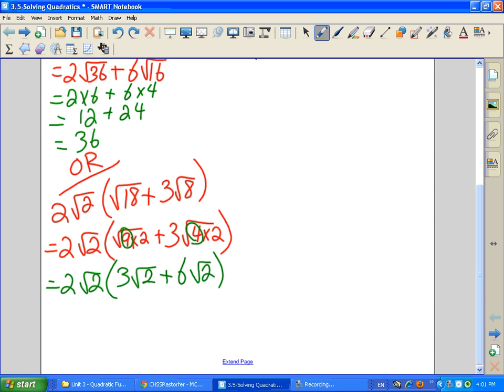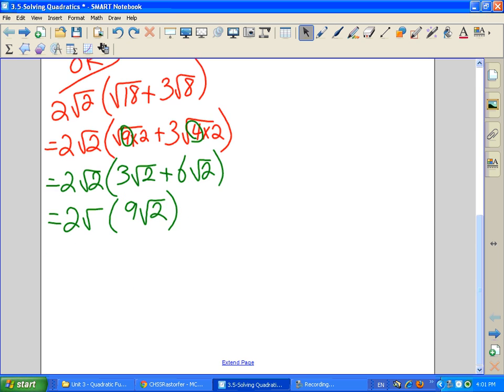Now these are like radicals, so we can now add them. So if we're following BEDMAS, this would be 9 root 2, and then it's a simple multiplication to end this off. So 2 times 9 is 18, root 4. Okay, root 4 is a perfect square, so it's going to be 2 times 18, which equals 36. So again, there's two answers for that one.